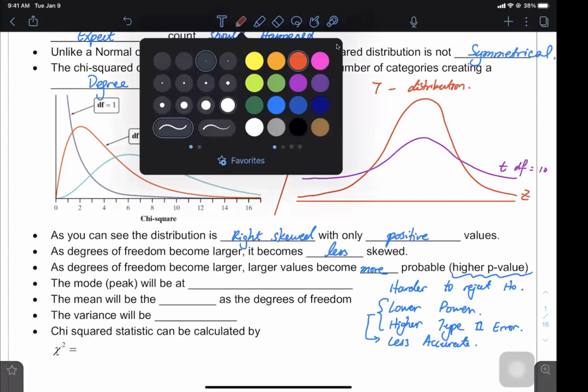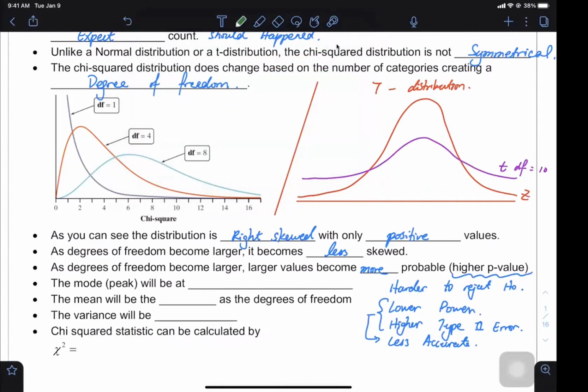As the degrees of freedom increase, and this is the t-distribution with degrees of freedom equal to 20.